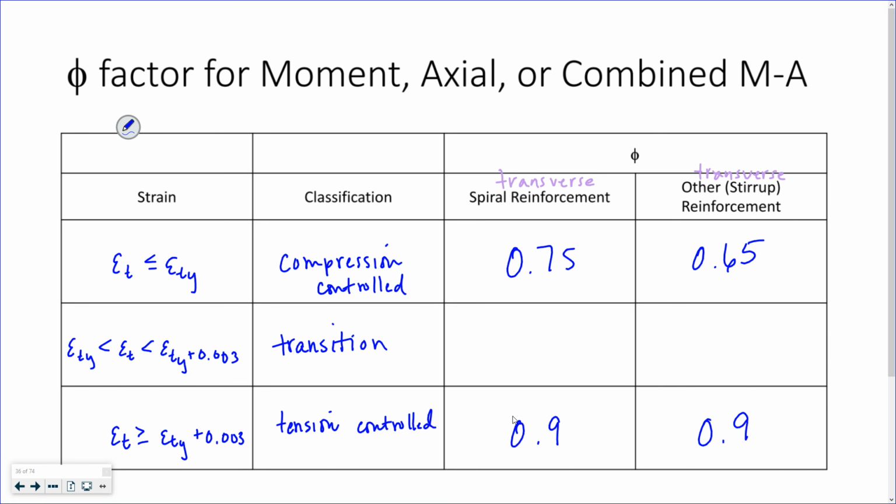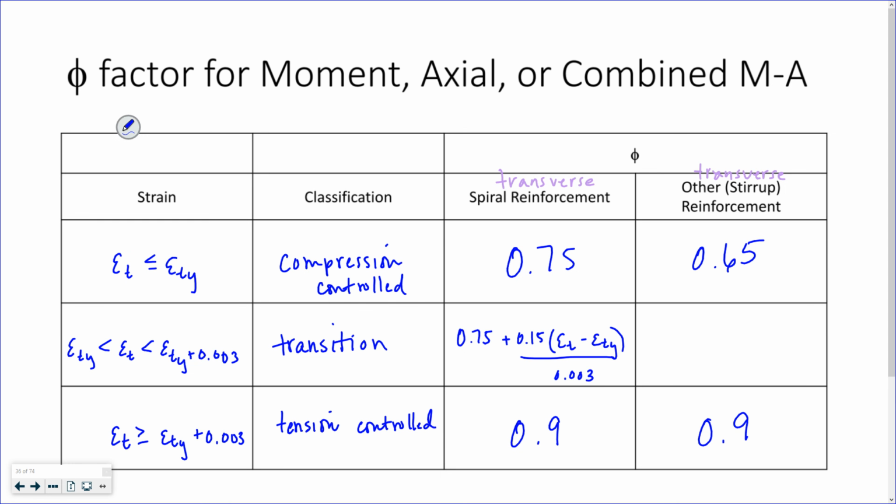And then in transition, we literally are going to do, what am I trying to call it? Interpolation, right? 0.75. Same with our beta 1 factor, right? 0.75 plus 0.15 times ET minus ETY divided by 0.003.